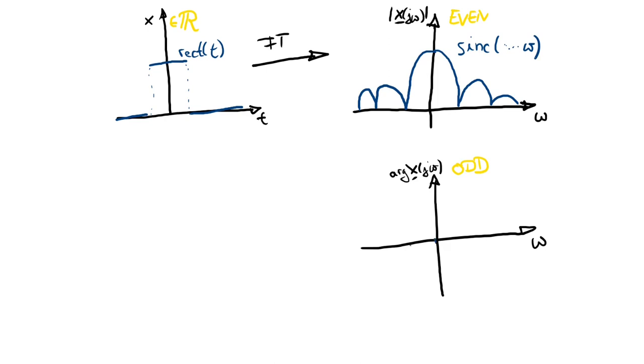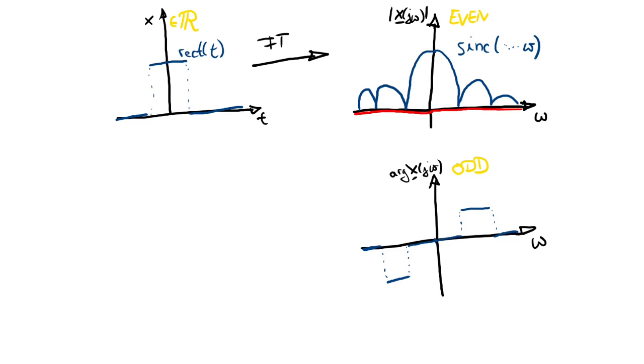And in fact, it is symmetric and odd. So this is how our spectra look like, and we see that the spectrum is continuous, so there are no discrete points anymore, so the spectrum is defined on any point on the frequency axis.